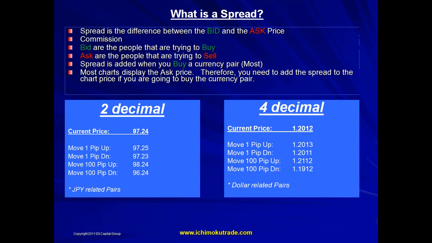Now, next thing we're going to talk about is what we call a spread. A spread is the difference between the bid and the ask. The bid are the people that are trying to buy, and the ask is the people trying to sell.